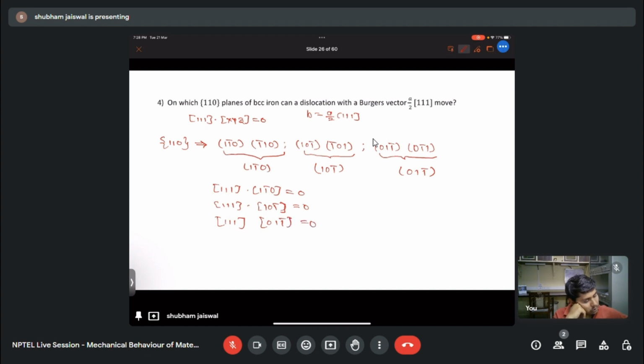So in these three planes, the dislocation with a Burgers vector a by 2 [111] can move.